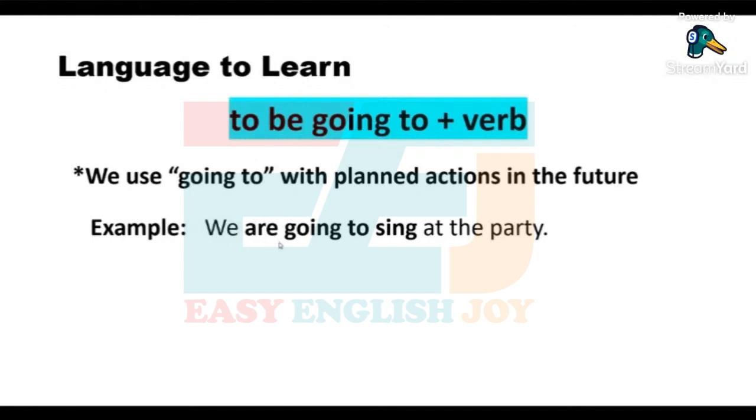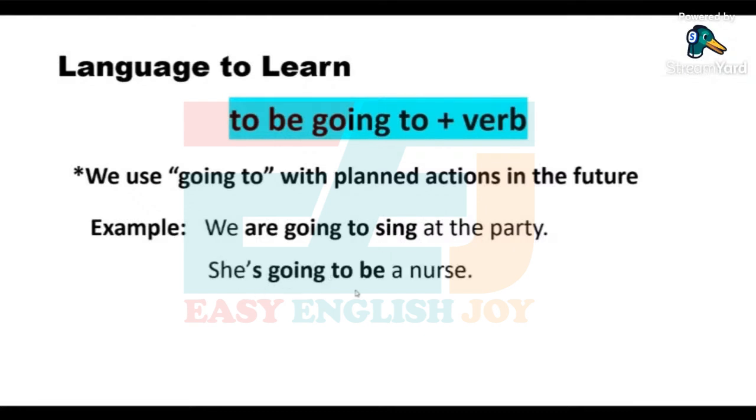Alright, always these two, the subject and the verb. Very important to remember. So since our subject is plural, our verb here is are, followed by going to and then the verb, which is sing at the party.